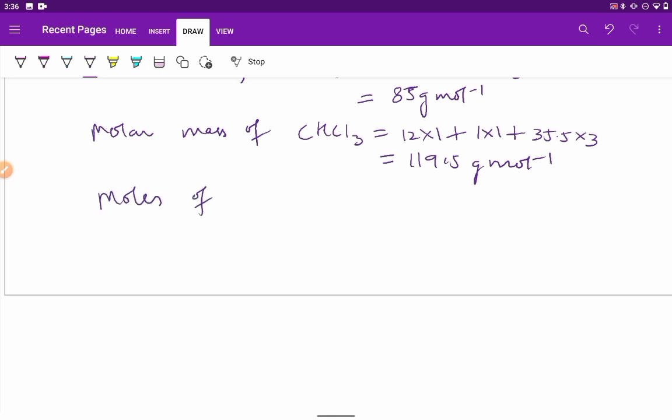Now number of moles. Moles of CH2Cl2, given amount 40 divided by 85 gram per mole. It will be 0.47 mole.